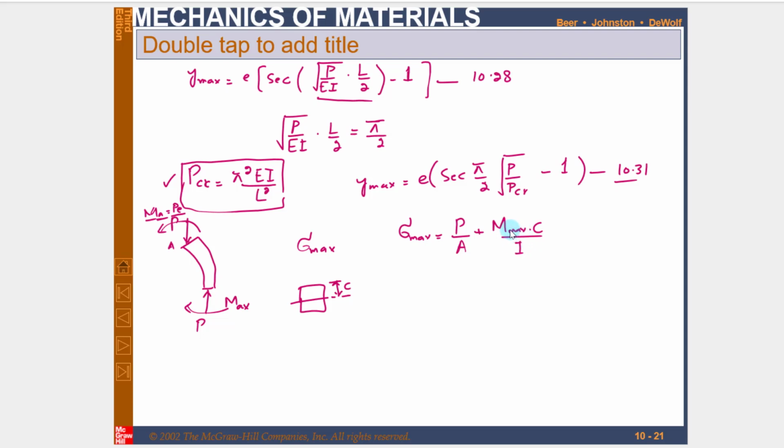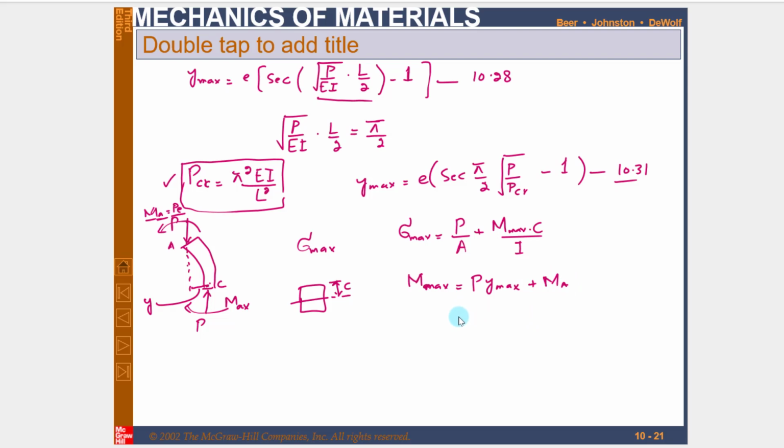Okay, and from the free body diagram of this portion AC, you can find that the maximum bending moment is equal to P, and this was the original axis, this was the deflection Y. Clear? So the maximum moment will be P into the maximum deflection, which was at a distance of L by 2 along the length of the axis, so P into Y max, and another moment is MA.